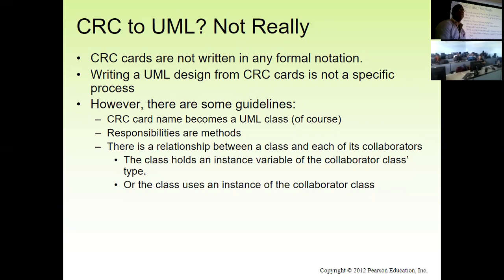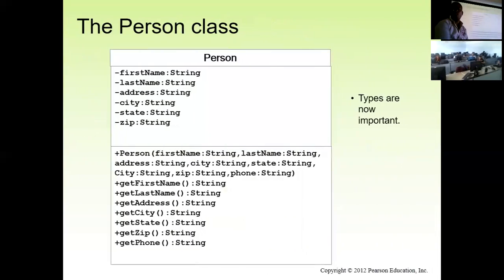And by the way, when you reach UML, you must know what classes you have already. You need to now be starting to specify details like the type of variables, right, and the type of relationship. Not just that there's a collaboration, but you have to specify the type of relationship, because that now is going to be useful for you to know where to go in the next step where you do the implementation. All right. So as I said, at the UML stage, types become important, okay?